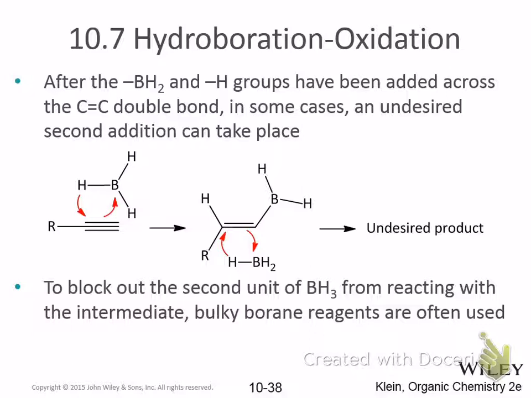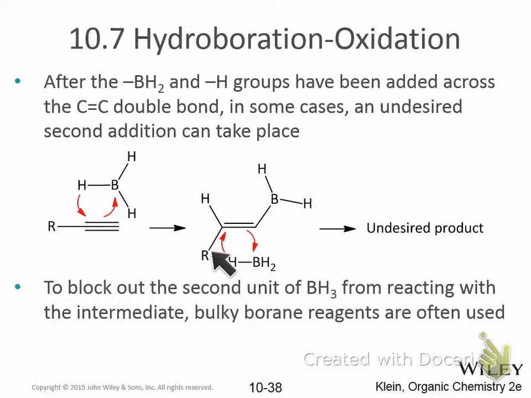Okay, hydroboration-oxidation. I'm just going to walk you through this mechanism real quickly, and talk about some of the things that are wrong with hydroboration using borane, BH3, as the reagent. First of all, this addition to the alkyne can happen twice because you have two pi bonds. There are two problems with this.